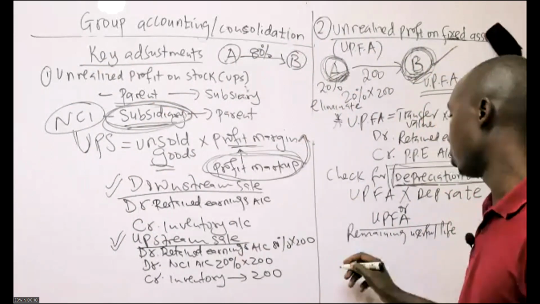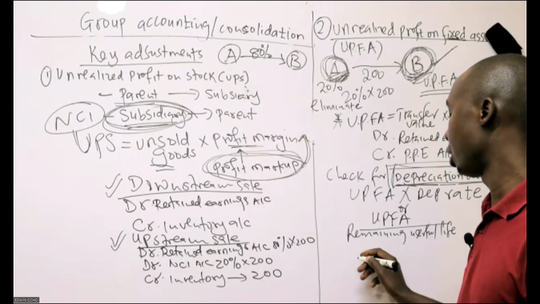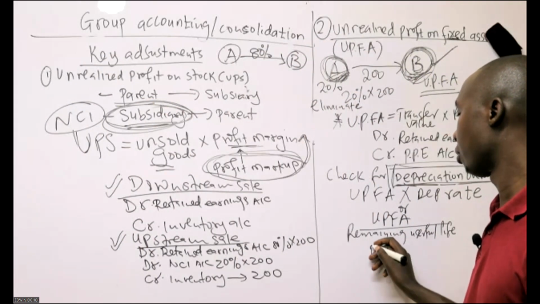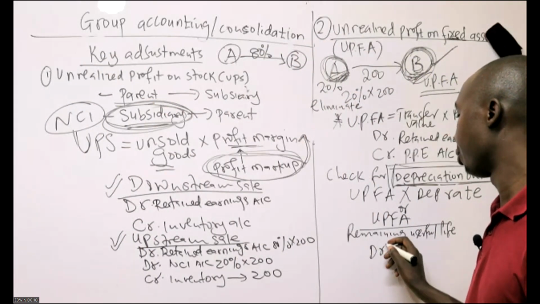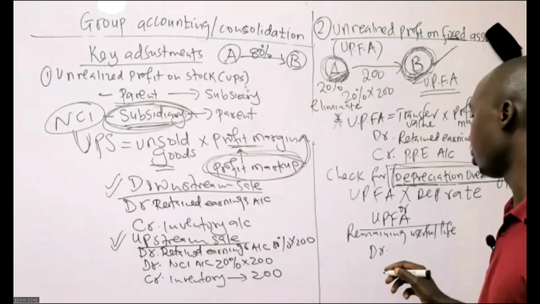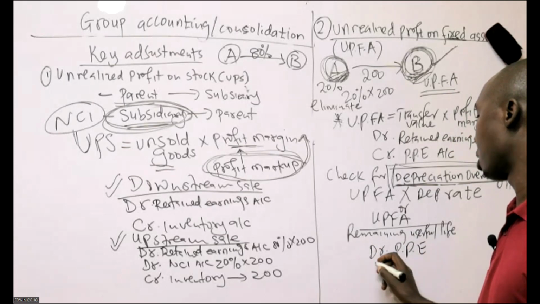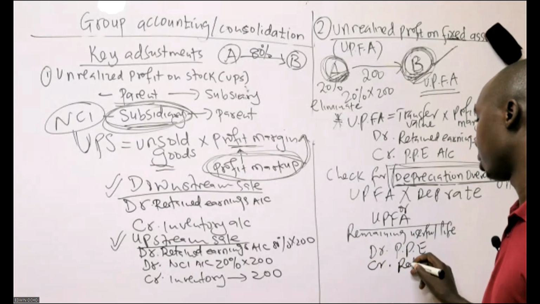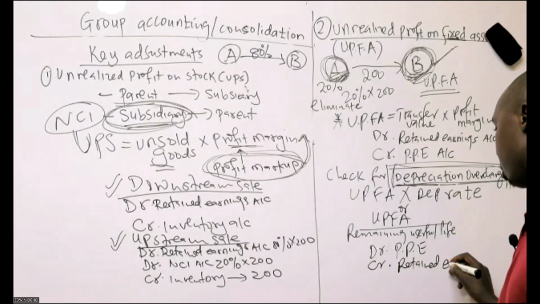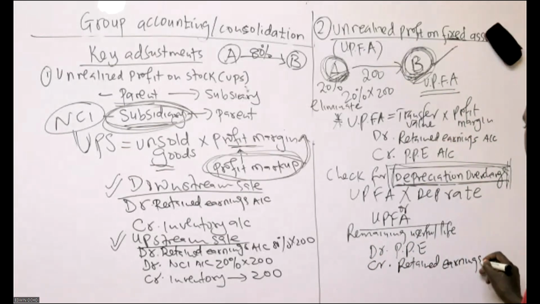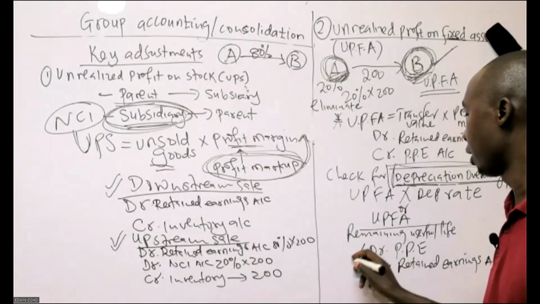How will I do this correction? For the depreciation overcharge, to avoid the understatement of the asset, I will debit my PPE account and credit the retained earnings account. You have done that correction.